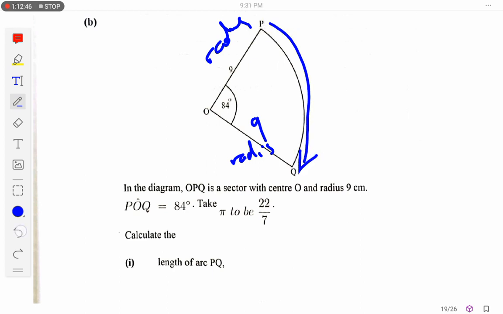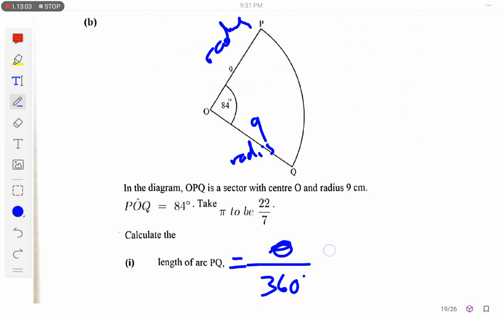PQ. You find out we have a formula, guys, for calculating the length of an arc. The length of an arc is equal to theta over 360 degrees times 2 pi r. Remember, the circumference of a circle is 2 pi r.